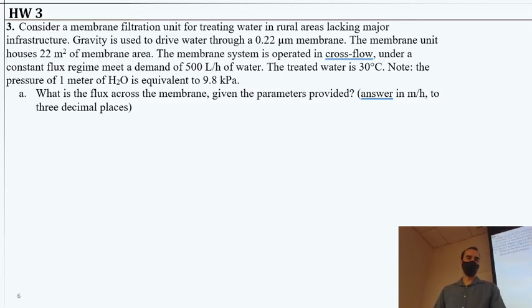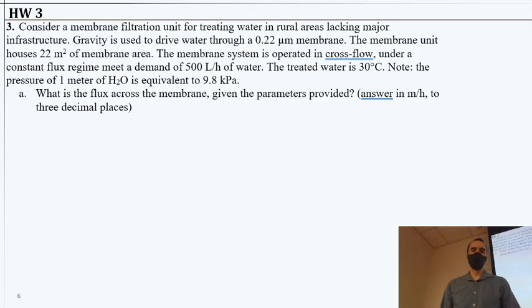I don't know that the amount of fouling is actually realistic. Of course, that's going to depend on the water quality. If you have pretty muddy water, maybe that is realistic. So we have a membrane filtration unit for treating water in rural areas lacking major infrastructure. Gravity is used. It's a 0.22 micrometer membrane. The membrane unit houses 22 square meters of membrane area.